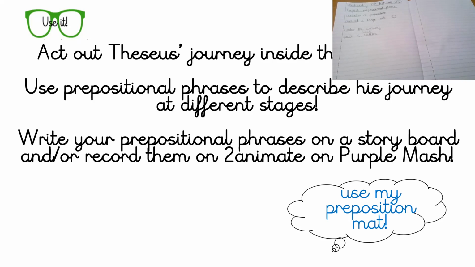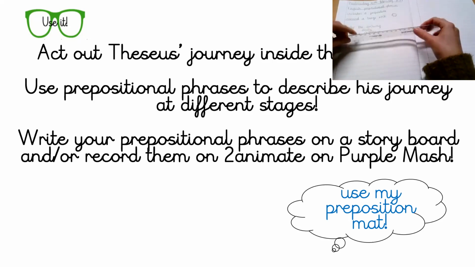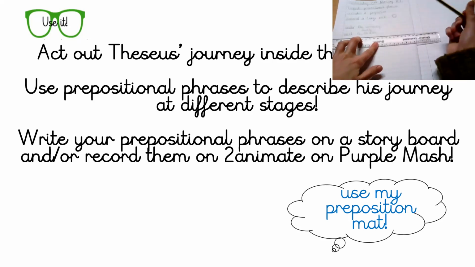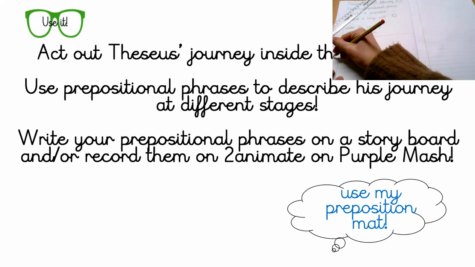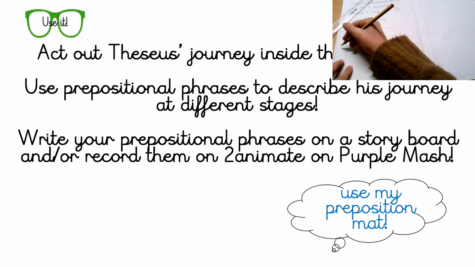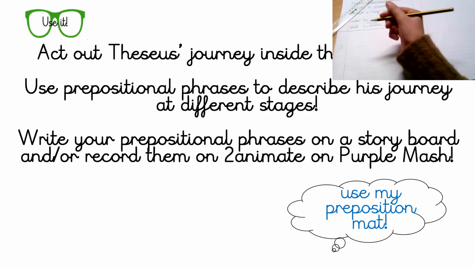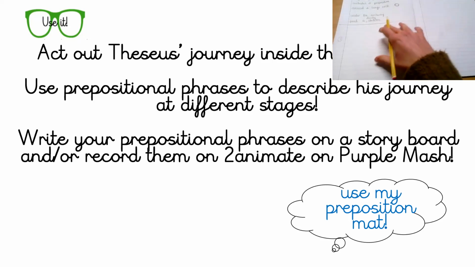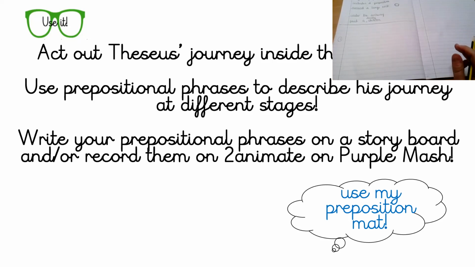Let me show you how you can do this in your book today. So you can draw a line under your key knowledge, and then what you can do is in your margin write the number 1, because this is going to be the first part of Theseus's journey into the labyrinth. Okay, so in your book you're going to record those different stages of him moving through the labyrinth.